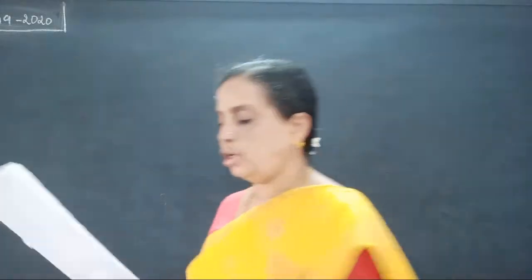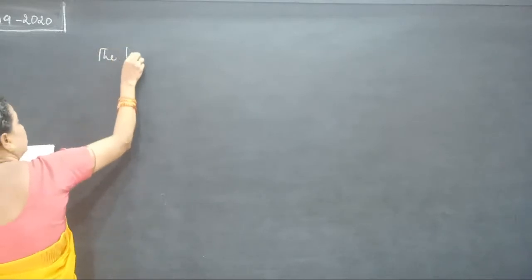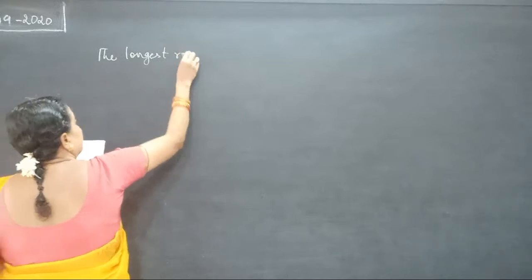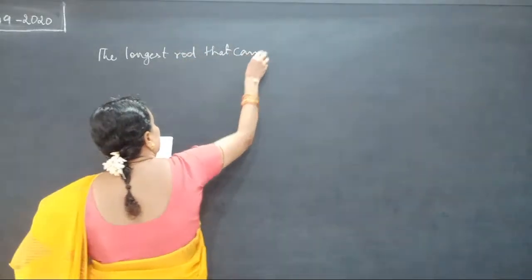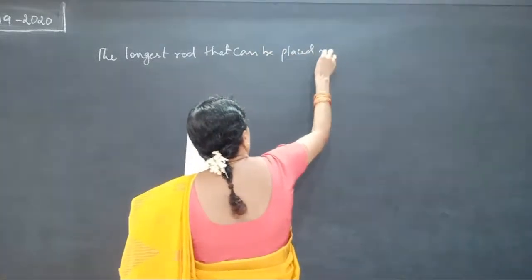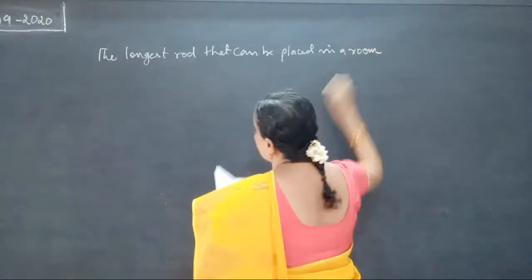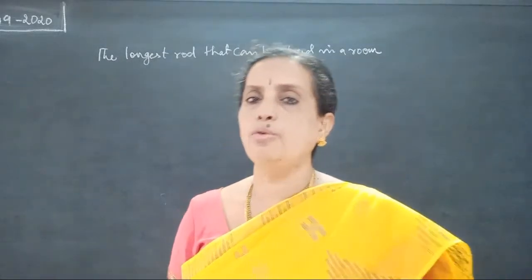The longest rod that can be placed in a room is nothing but the diagonal of a cuboidal room.